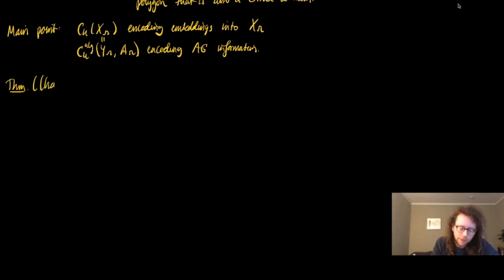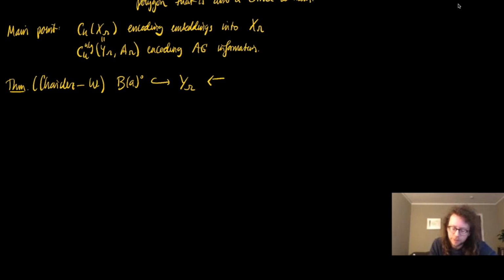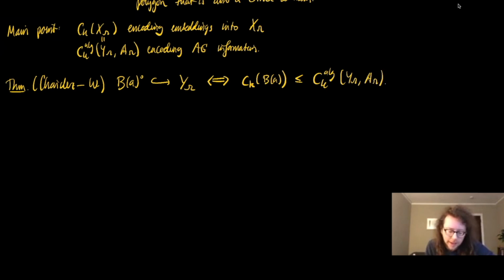the theorem of Julian and myself is that an open ball embeds inside toric surface y omega if and only if the ECH capacities of the closed ball are less than or equal to the algebraic capacities of y omega and a omega.